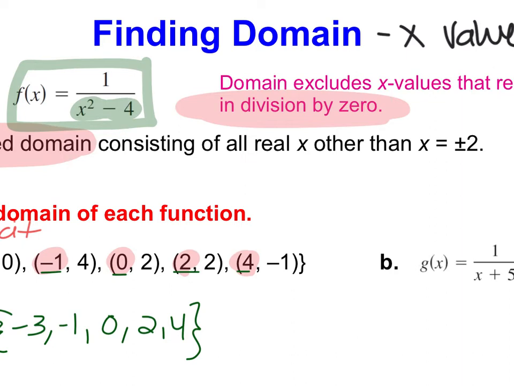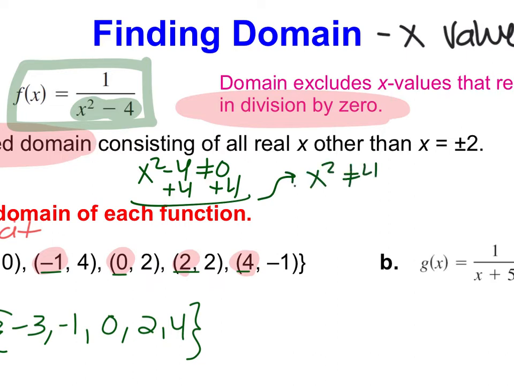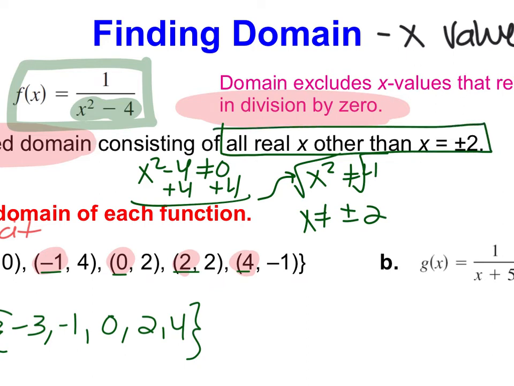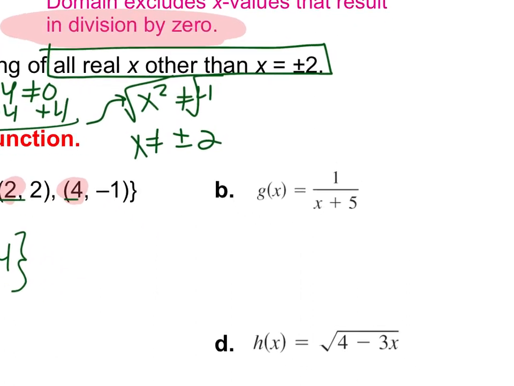So I would say x squared minus 4 cannot equal 0. Then I would solve. I would add 4, and x squared cannot equal 4. Taking the square root, x cannot equal plus or minus 2. Notice how they say the domain is all real x, other than x equals plus or minus 2.